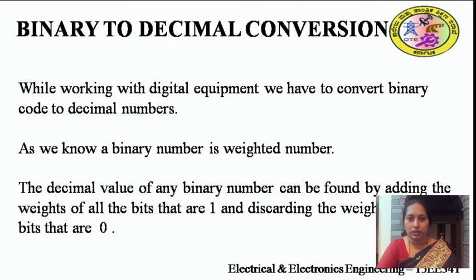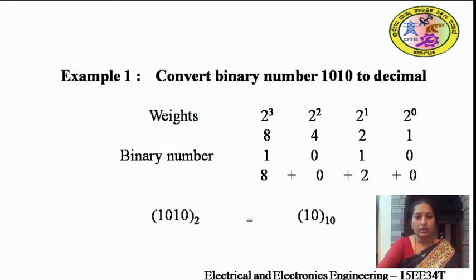The decimal equivalent of any binary number can be found by adding the weights of all the bits that are 1 and discarding the weights of all the bits that are 0.